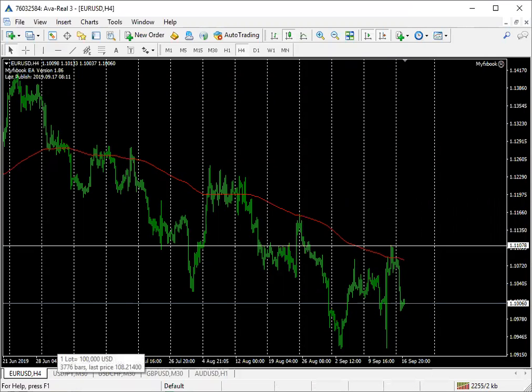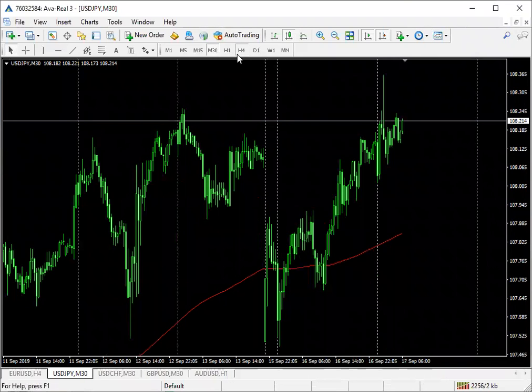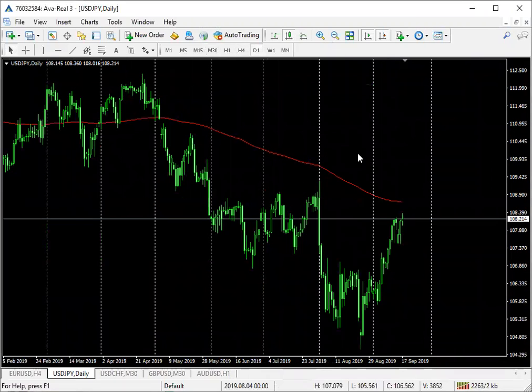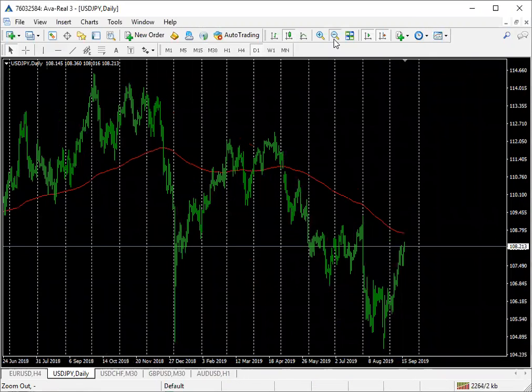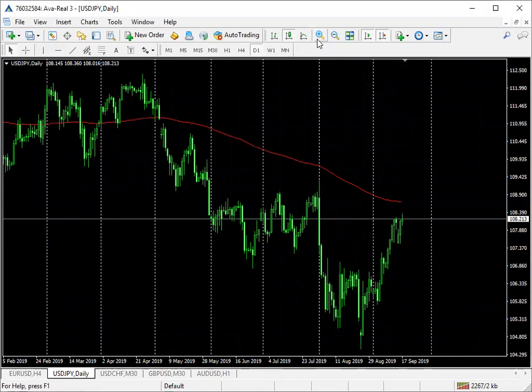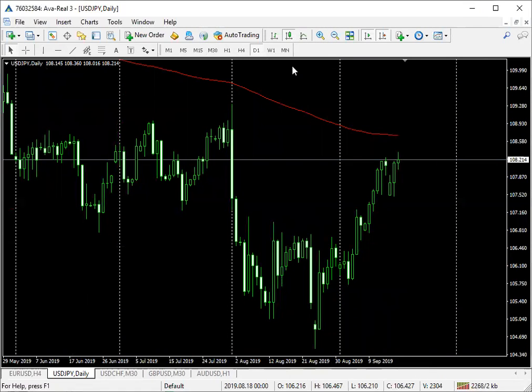So if we go through to the euro JPY, right, rather the USD JPY, okay. Right, the USD JPY has been in somewhat of a sideways or sort of like a flag. We had a bit of a flag for about a few months or so.